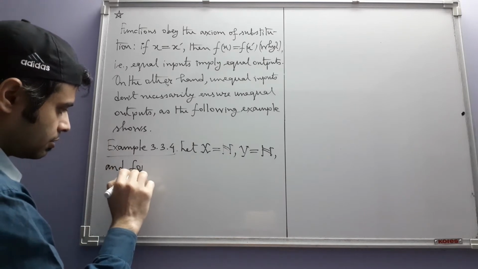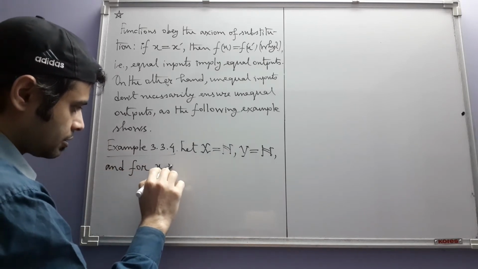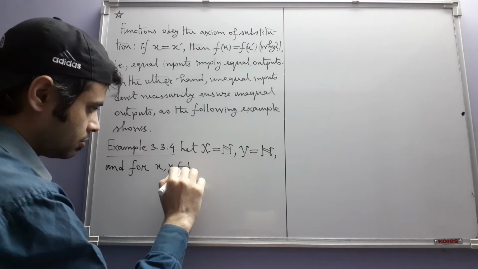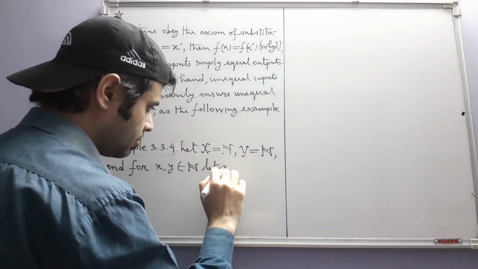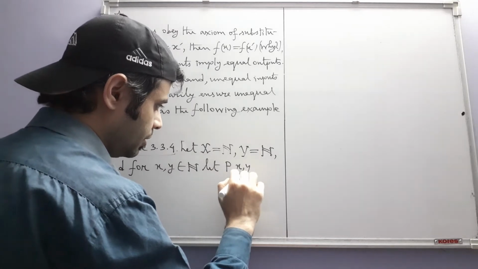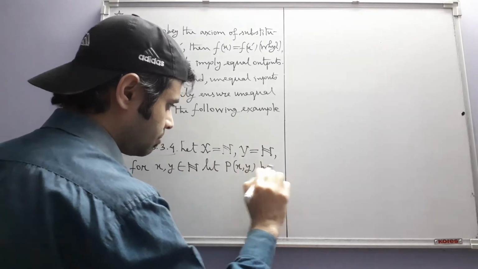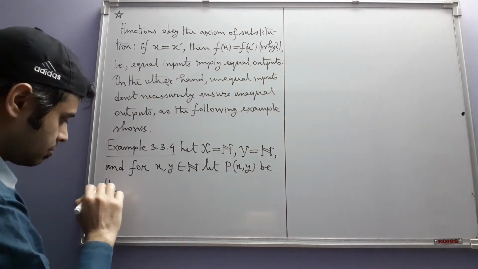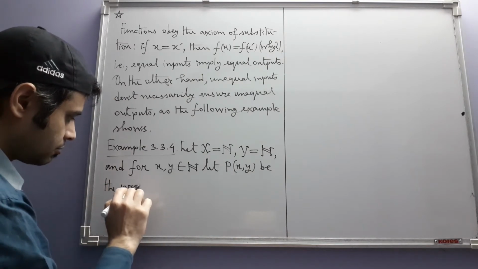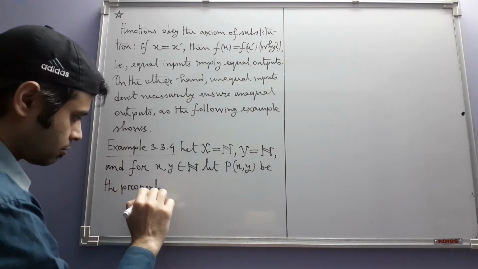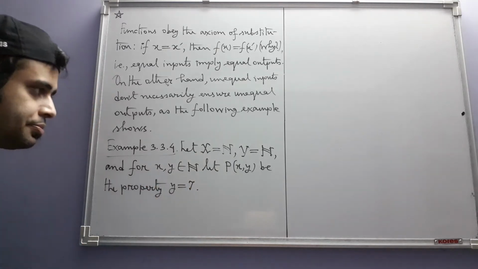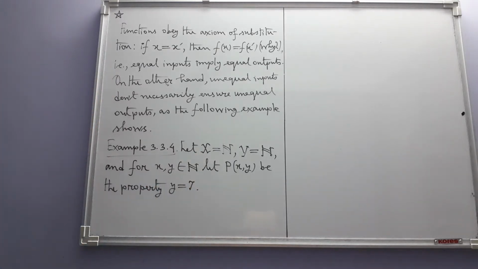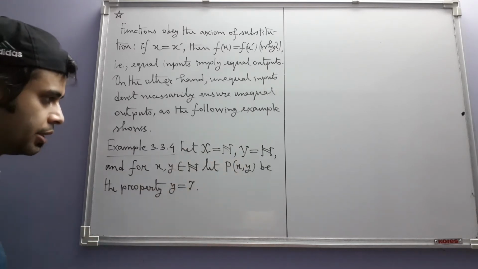And for x and y belonging to N, let P(x, y) be the property y is equal to 7.